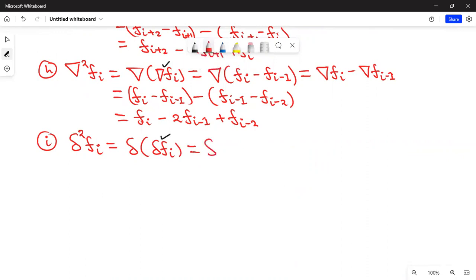What we have in the bracket is the same as fi plus 1 over 2 minus fi minus 1 over 2. That's what we have. And if I open the bracket, we'll have delta operating on fi plus 1 over 2 minus another delta operating on fi minus 1 over 2.